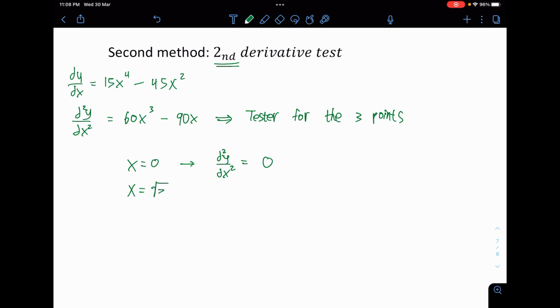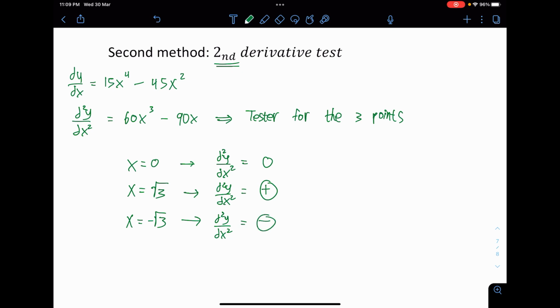Try square root 3 and also negative square root 3. If you try this number, you're going to get a positive number, 100 something, whereas the final number is going to give you a negative number.